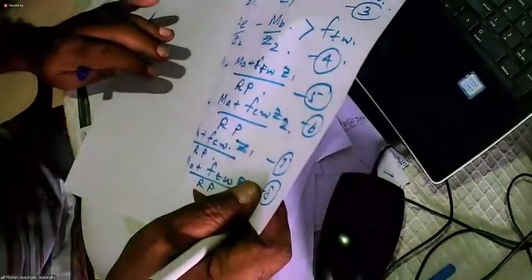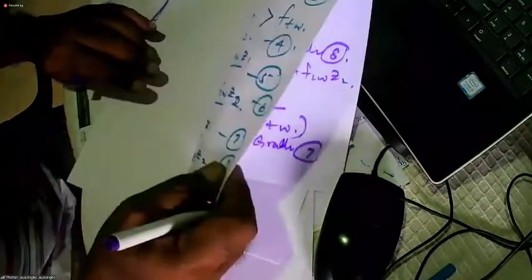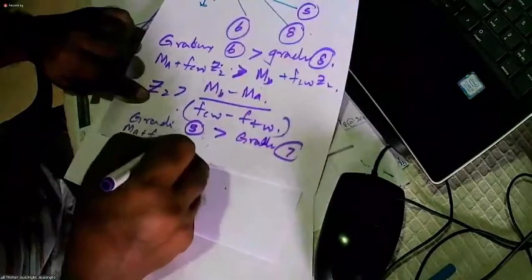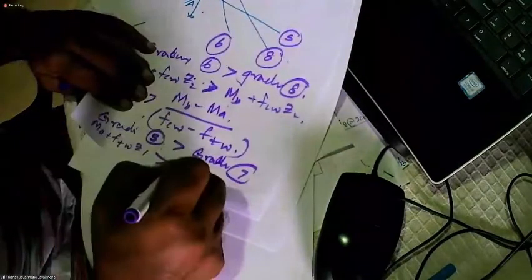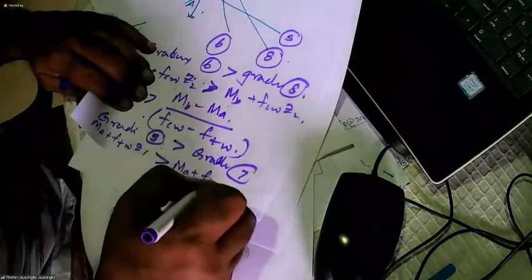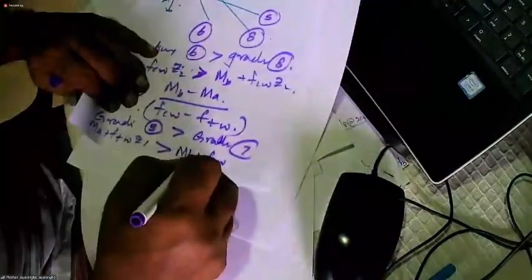So gradient of 5 is MA plus FTW Z1, which should be greater than gradient of 7, MB plus FCW Z1.